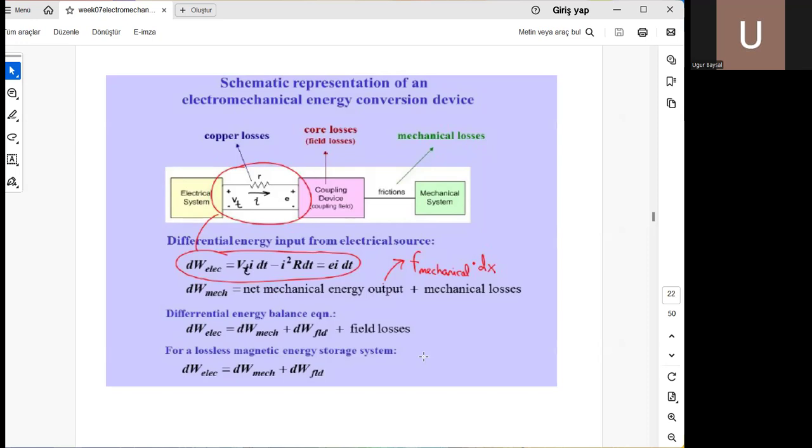In the middle, the pink box represents the coupling device. Electrical current is coupled as magnetic field energy, and according to the geometrical design, this yields some mechanical action like rotation or linear translation.